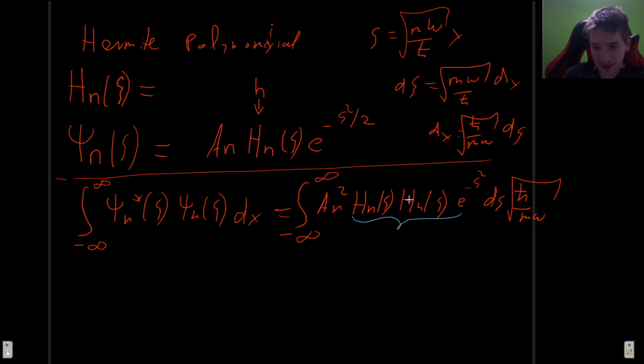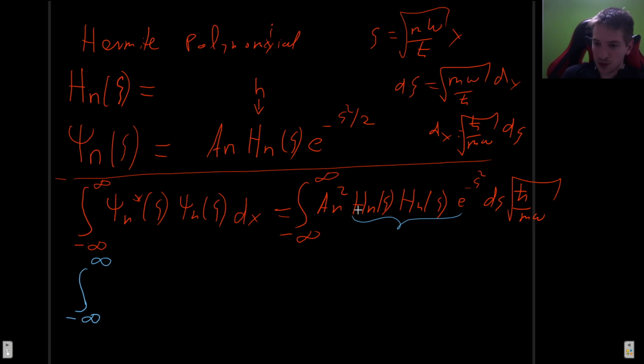Now, the thing is, these Hermite polynomials are actually very well studied in mathematics, and there is actually an orthogonality relationship. Now, I will not be able to prove this because the proof is actually very, very complicated, but I hope that this does help you at least get some insight.